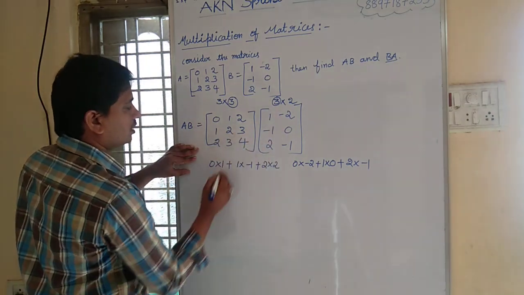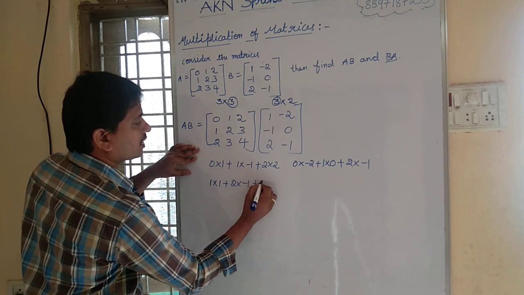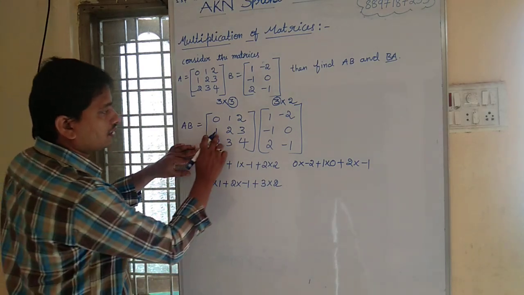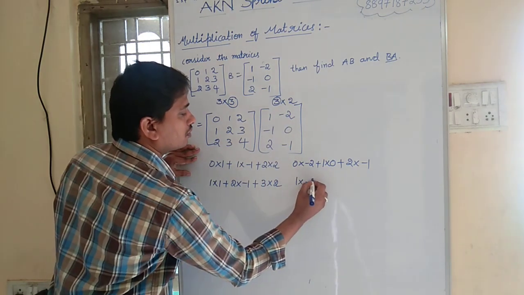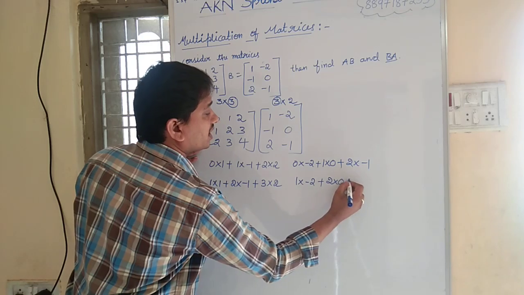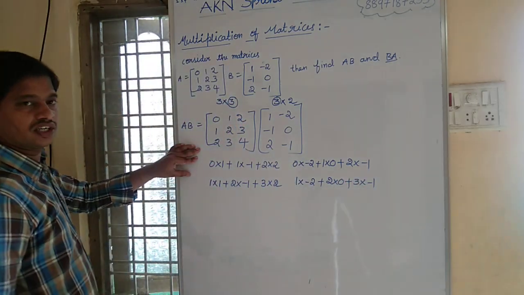Now second row. Second row, first column: 1 into 1 plus 2 into minus 1 plus 3 into 2. Again, second row, second column: 1 into minus 2 plus 2 into 0 plus 3 into minus 1. Second row over.